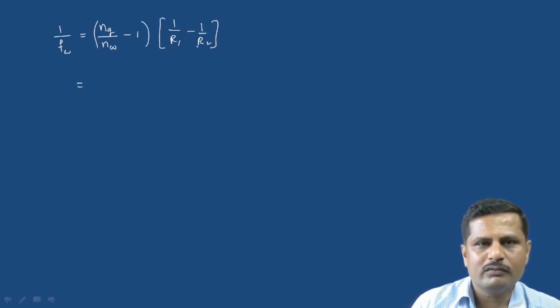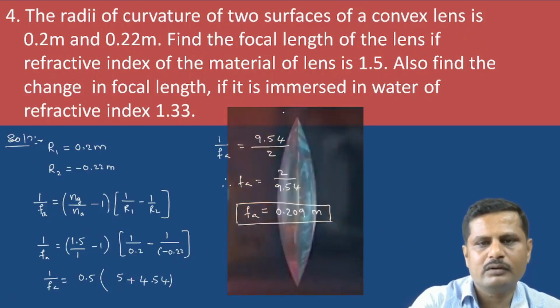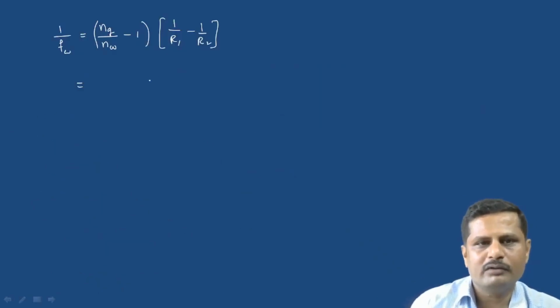Already we just found 1 by R1 minus 1 by R2, that is 5 plus 4.54, which equals 9.54. And here Ng, that is 1.5, divided by the refractive index of the water, 1.33, minus 1, which is 1.5 minus 1.33 divided by 1.33.